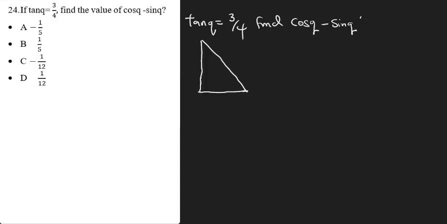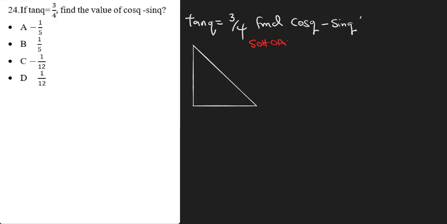So we have something like this. So we said tan q is equal to 3 over 4. So what is tan? If you use the trigonometric ratio, what's the meaning of this?